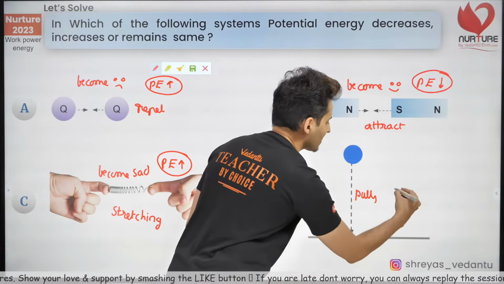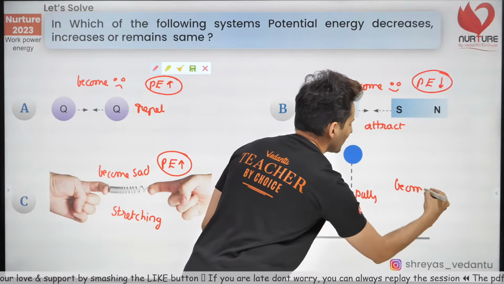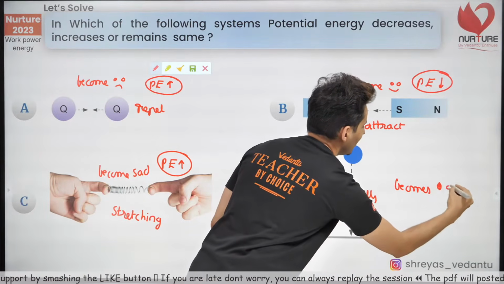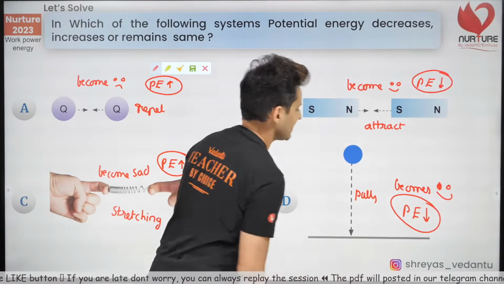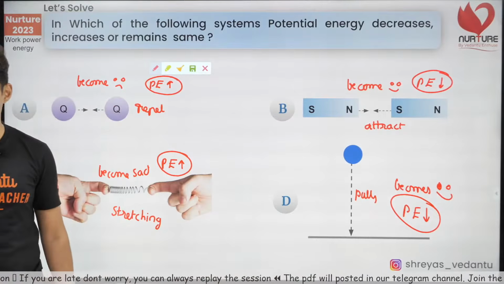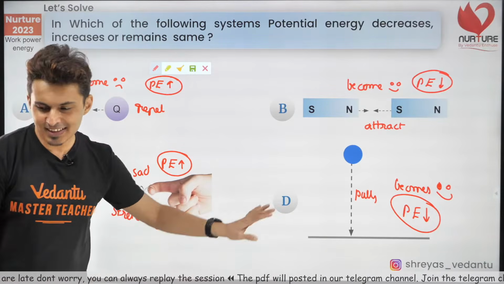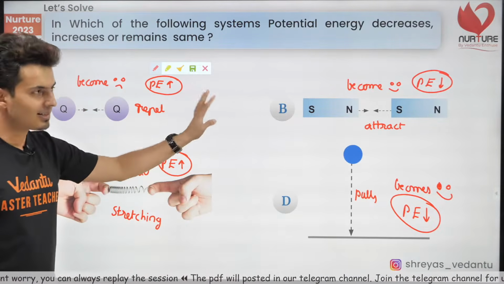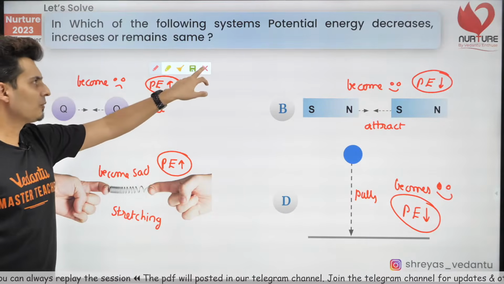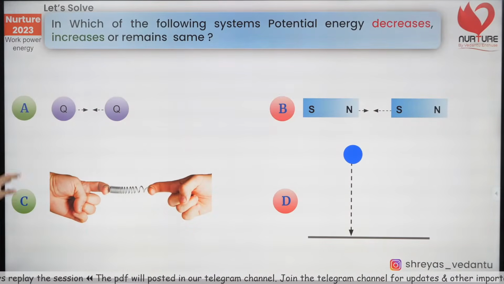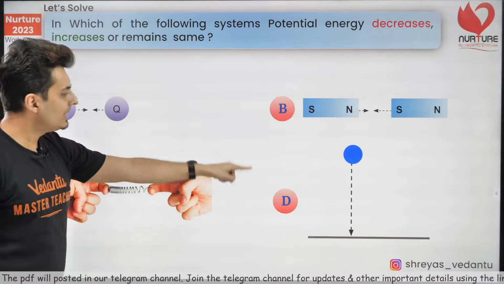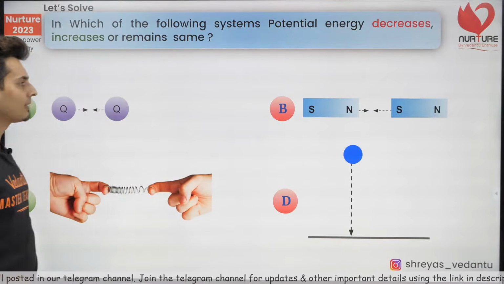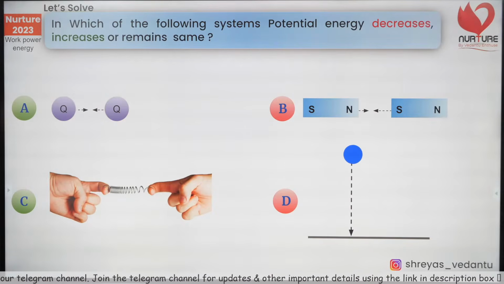So when it comes down, it becomes happy. So therefore, the potential energy will decrease. That's how it is. Isn't it a simple way, guys? Happiness and sadness, that's all you need to figure out whether potential energy increases or decreases. So for A and C, the potential energy increases. For B and D, the potential energy decreases. That's the answer.